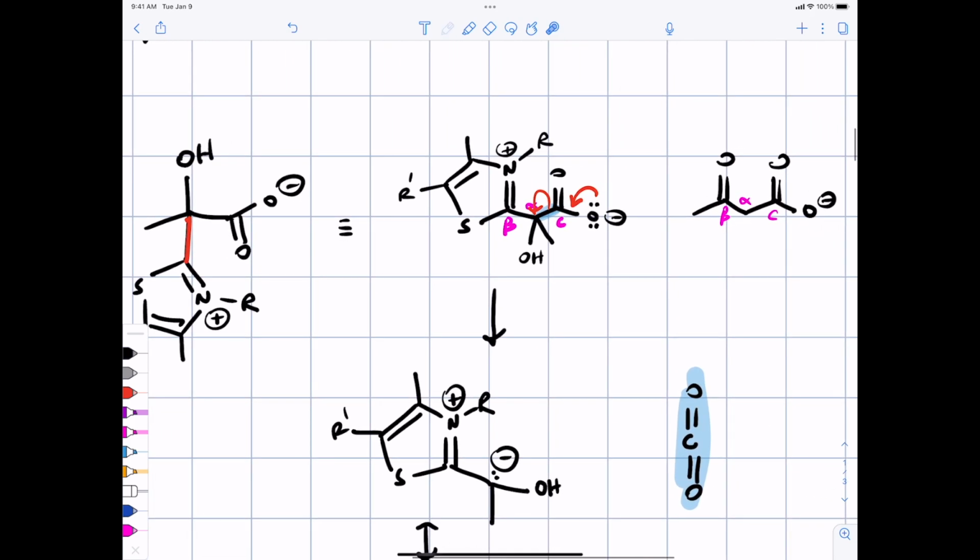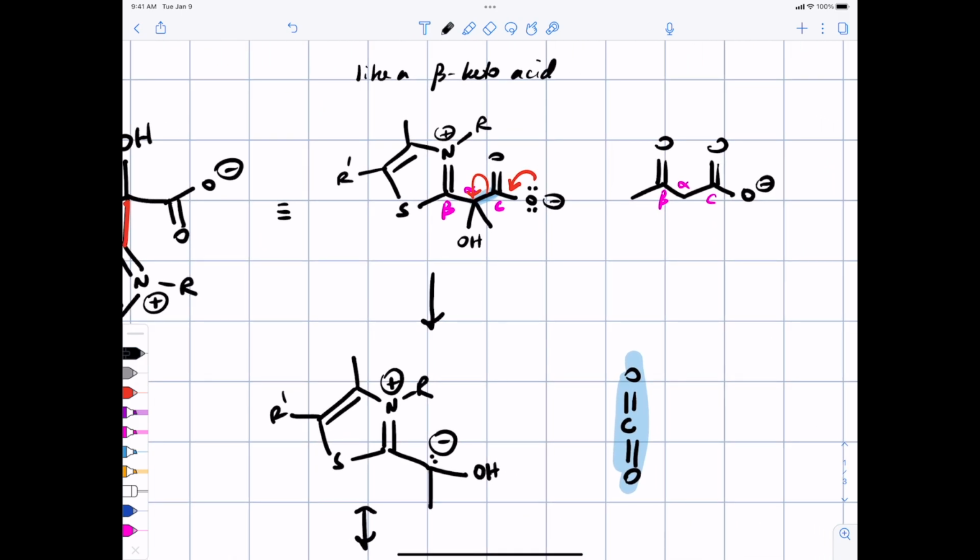So what you're meant to understand here is this is sort of very much like a beta keto acid, which can now do decarboxylation. If electrons kick down, CO2 leaves behind all of this as a leaving group with a negative charge on what used to be our alpha carbon.